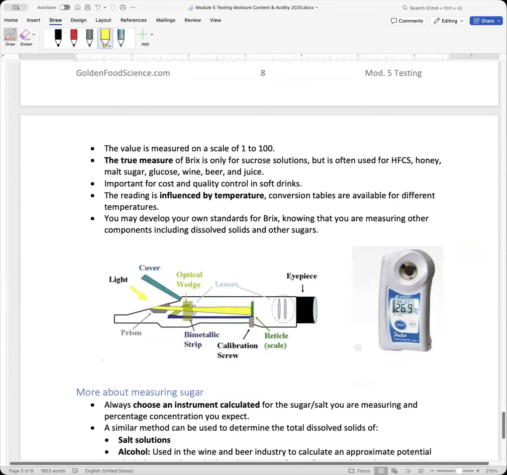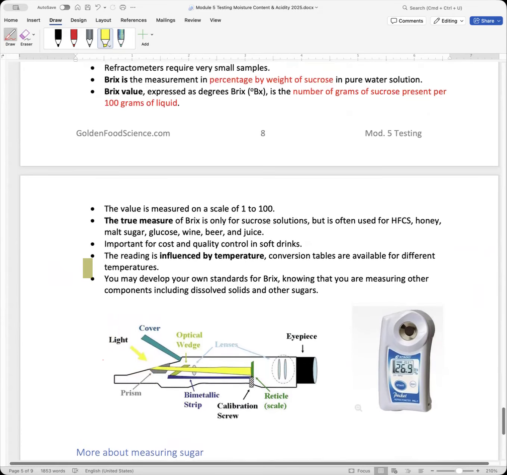These are the old kind, these are the new kind, right? The water activity meter looks a little kind of like that. So the light goes in and it's refracted, and then it's measured in the eyepiece. You can see there's kind of a line.